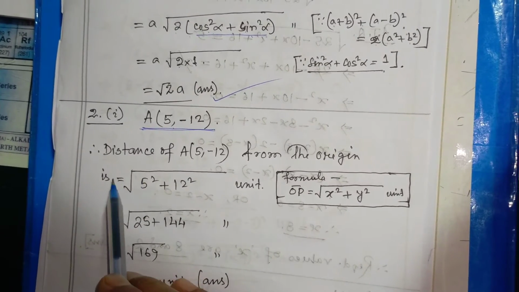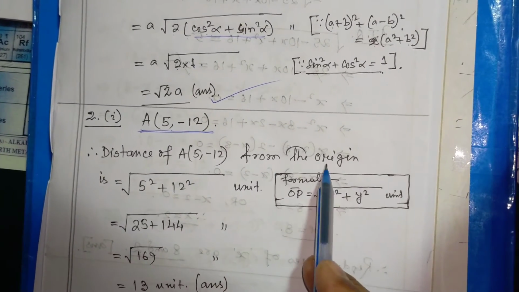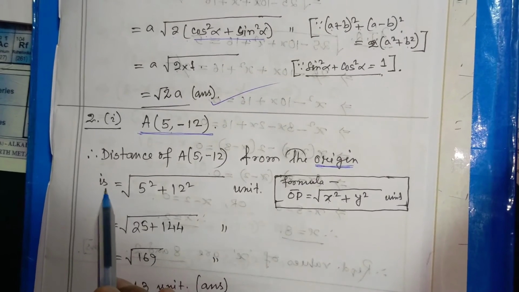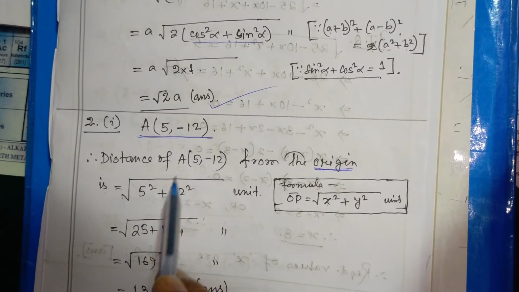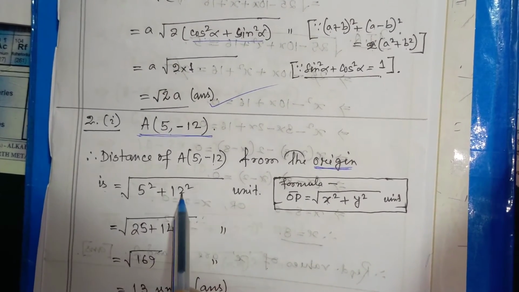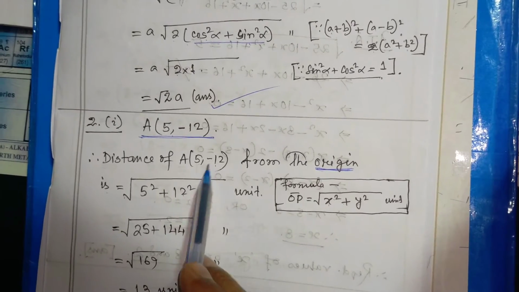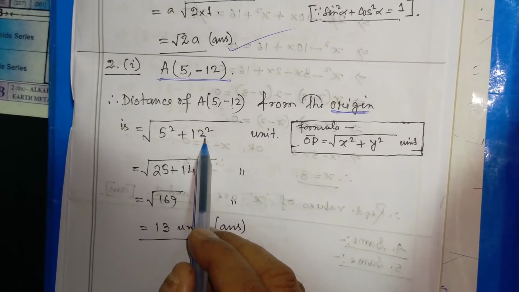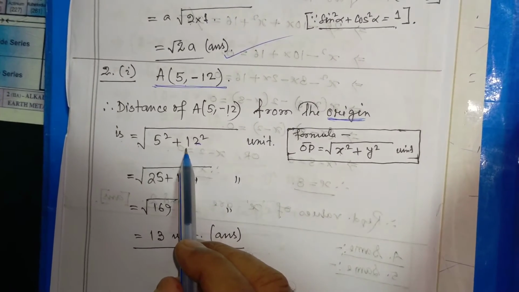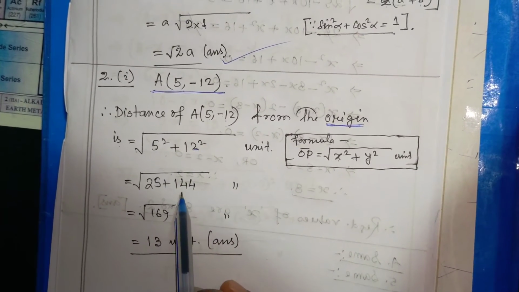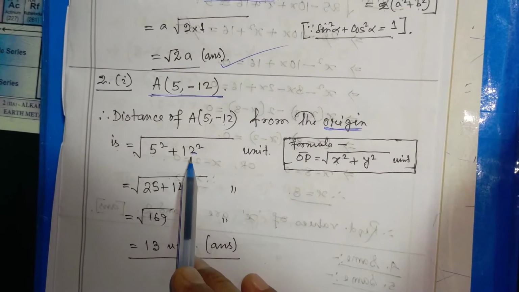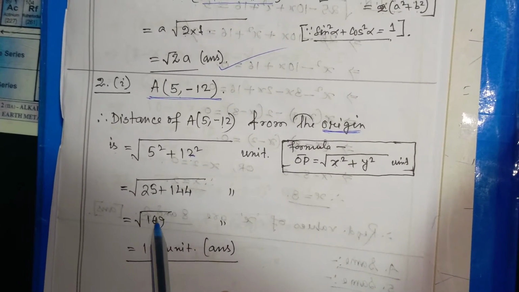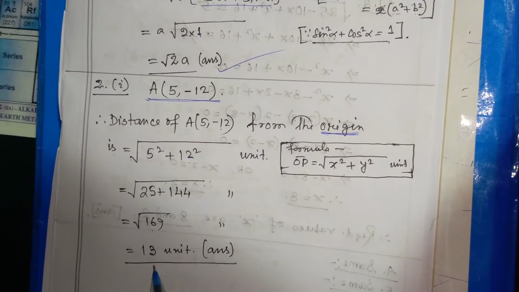So here the distance of A from the origin. Now the distance from the origin is root over x coordinate means 5 square and y coordinate means 12 square. No need to write the negative sign. We need only the value, not the sign. And if you use the sign, that will be positive, of course. So 5 square means 25, 12 square means 144, root over 169, that means 13 unit.